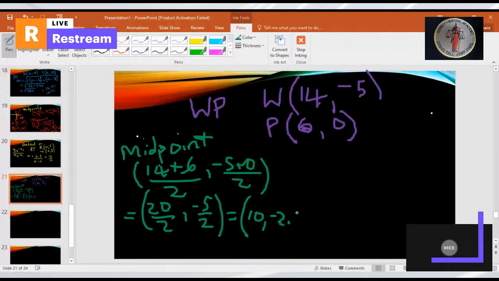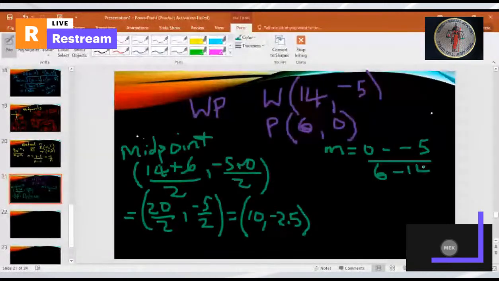All right, so for m, remember m represents gradient. So y2 minus y1, that's the second y value minus the first y value, over the second x value minus the first x value. So that gives negative 5 over 6 minus 14.